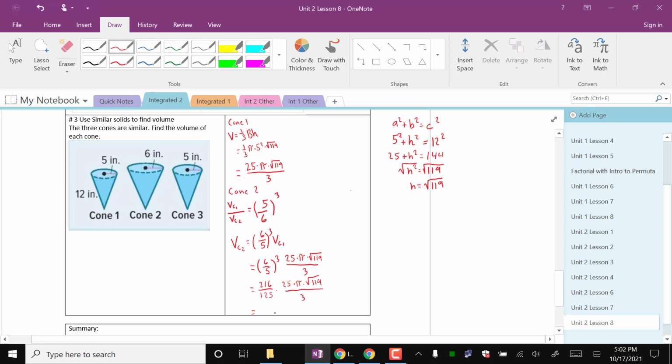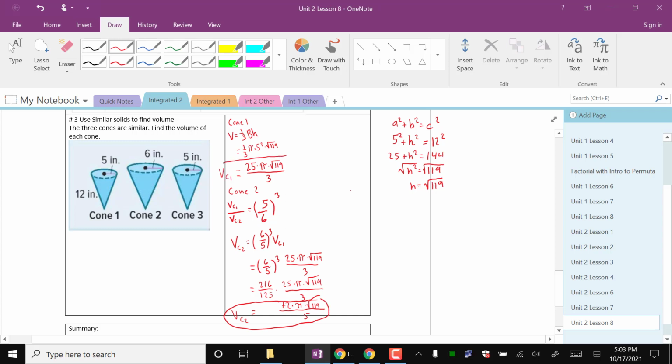When we multiply those together, we end up getting 72 times pi times the square root of 119 over, sorry, not 25, 5. So the volume of cone 2 is right here, and the volume of cone 1 is right here.